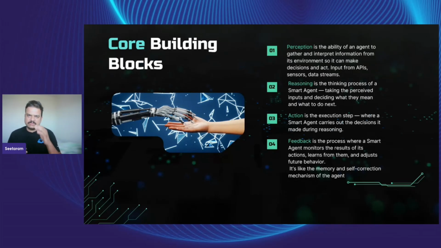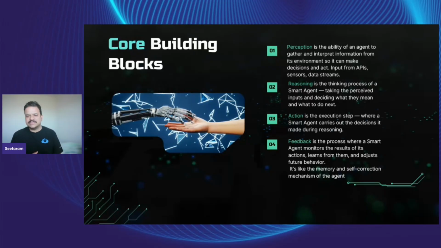Once it comes up with a plan or reasoning steps, there will be actions. Based on the reasoning, it takes certain actions. This makes the agent more like a human: it is able to get the data, think about it, and take action.